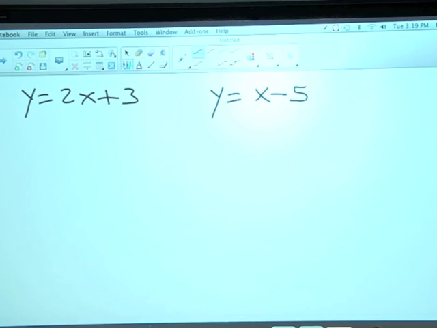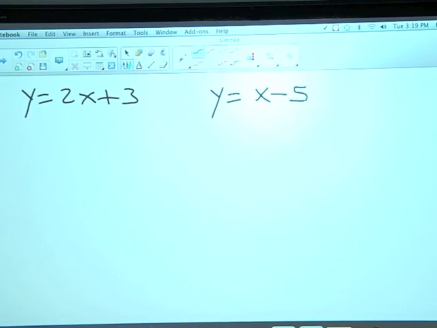If the slopes are negative reciprocals of each other, they're perpendicular. If it's neither one, then it's neither. Okay? So in terms of this one, if I have them in slope intercept form, are those two lines parallel? No. Are they perpendicular? No. They're neither, right? They don't have the same slope. They are not negative reciprocals of each other.